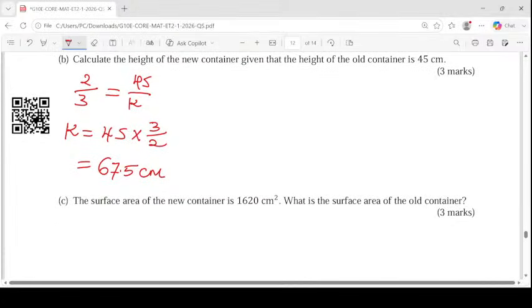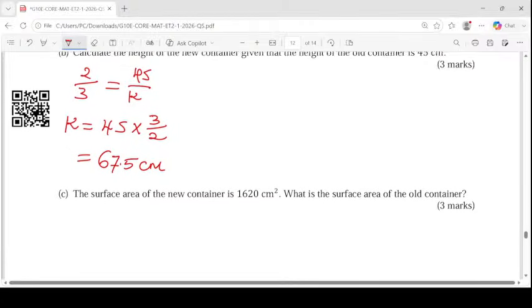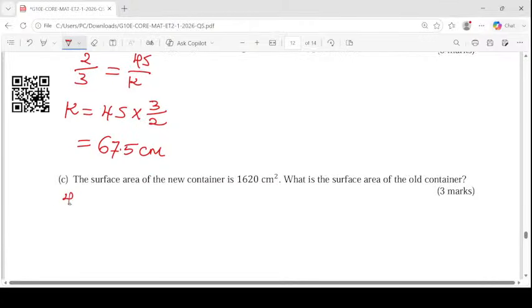Roman 2, the surface area of the new container is this. What is the surface area of the larger one? I'll again take 4 over 9. The surface area of the new one. So this is 1620 over y.